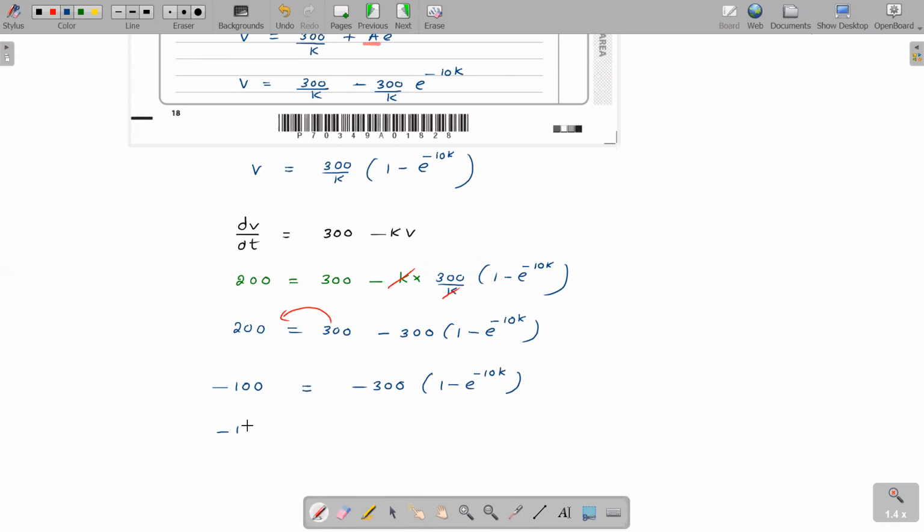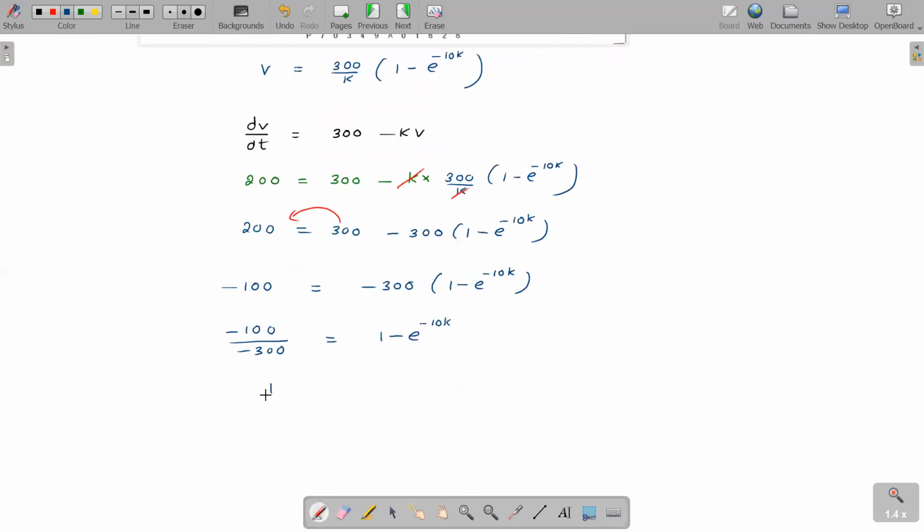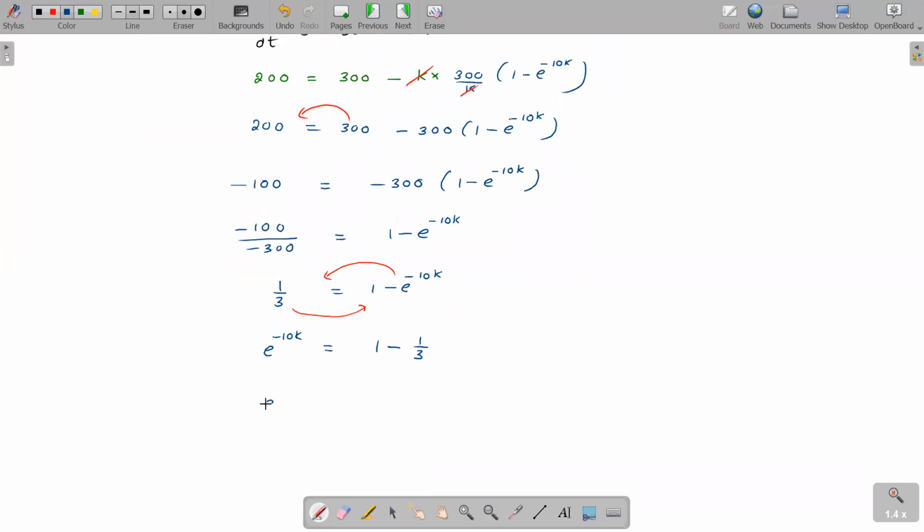Then minus 100 divided by minus 300 is 1 over 3 equals 1 minus e to the power minus 10k. Then I'll take the minus e to the power minus 10k to one side and 1 over 3 to the other. So this comes as plus e to the power minus 10k equals 1 minus 1 over 3, which is 2 over 3.